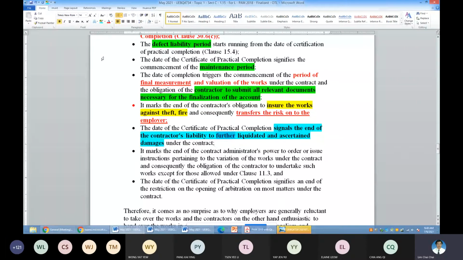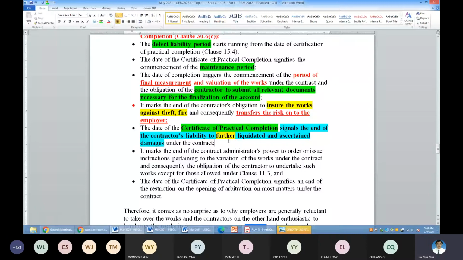Without the CPC, the LD to be computed has no ending. It is the CPC that tells you the last date to compute the LD. I hope you are clear. Without the CPC, you don't know the last date to compute the LD.